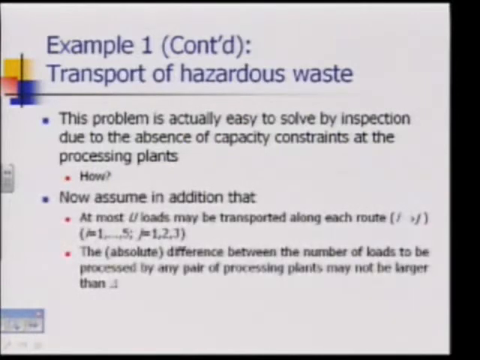So now let's assume that in addition, at most U loads may be transported along some route from I to J, and the absolute difference between the number of loads to be processed by any pair of processing plants may not be larger than some value delta. What does that mean?